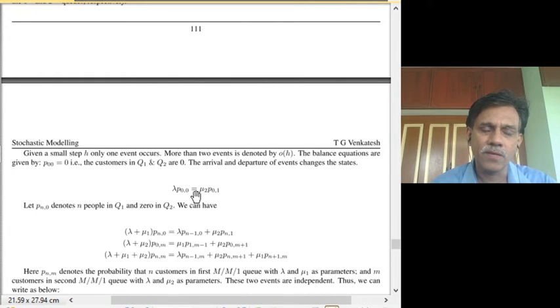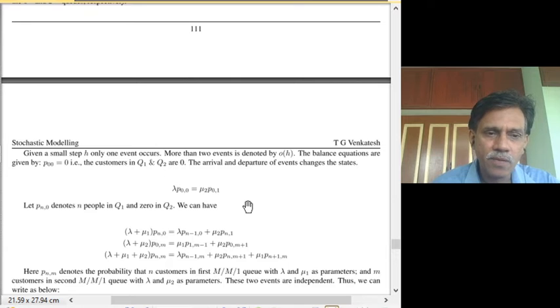So, equating these two events, lambda into P00 is an arrival of a customer to the 00 state, which will lead to 01, and mu2 into P01 is the probability of departure of a customer in the second queue, which will make the second queue empty, giving P00.